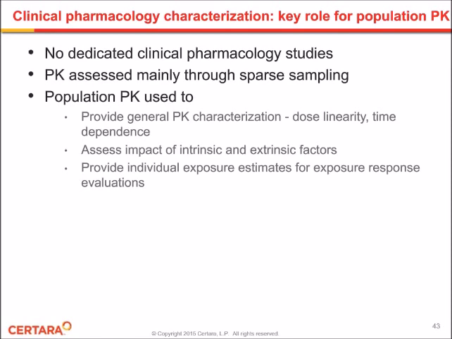So population PK was used really also to provide a general PK characterization, looking at aspects as dose linearity and time dependence, to assess the impact of intrinsic and extrinsic factors, and of course also to provide individual exposure estimates for all the exposure response evaluations that I already have shown you.